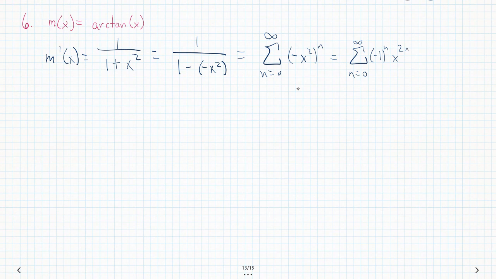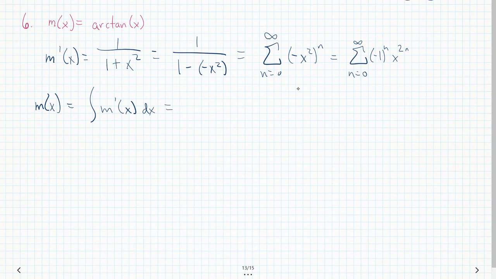But that's the derivative. Remember, if we want m of x equal to arctangent of x, we need to take the antiderivative of the derivative, but we're going to get this extra constant c that we have to worry about. Luckily, this one will be nice.